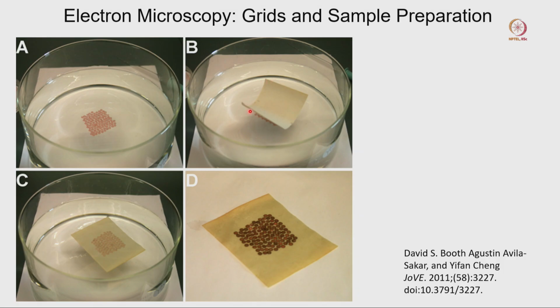When you are putting this paper, the paper should stick with that plastic, this formvar, properly. If it does not stick with the formvar properly, then when you pick up this paper, what will happen? The formvar and grid and the paper will be detached, and your entire procedure will be damaged.